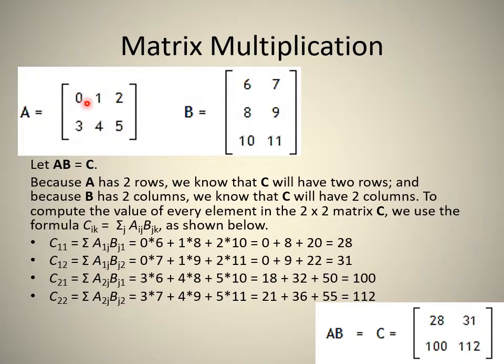So you move along this row of A: the second element in the first row with the second element in the first column of B. We add that up, and then we multiply the third element in row 1 of matrix A with the third element in column 1 of matrix B. Then you add it all up and, in this case, the answer is 28.